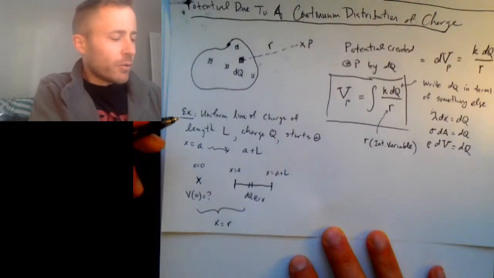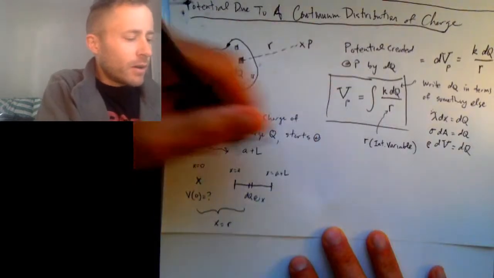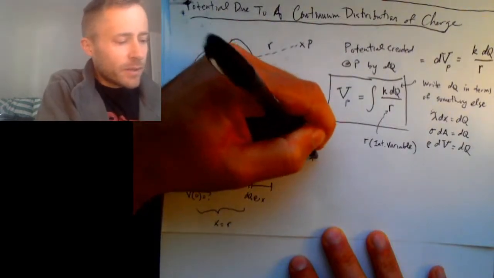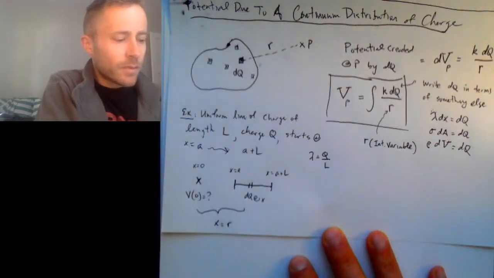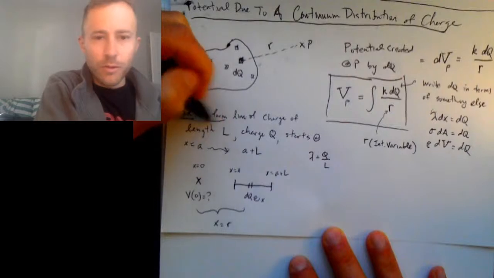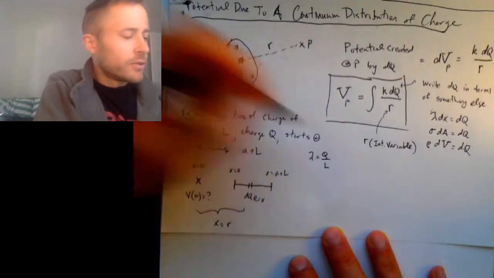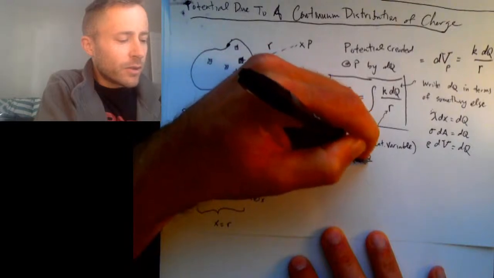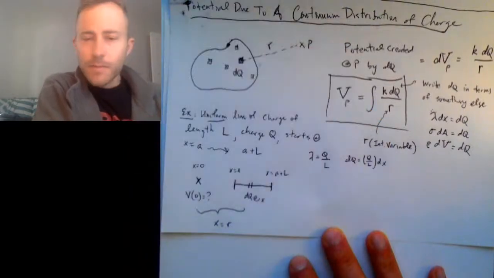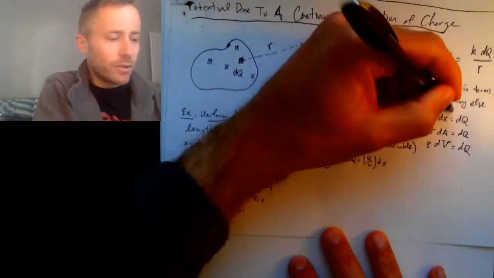And then furthermore, lambda is Q over L, which is a constant because it's a uniform line of charge. So that means that dq is Q over L dx. I'm using this equation right here.